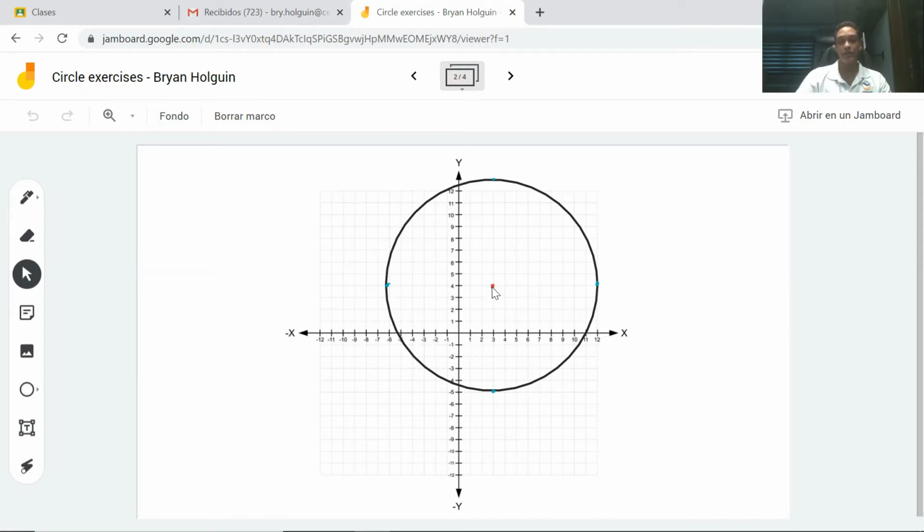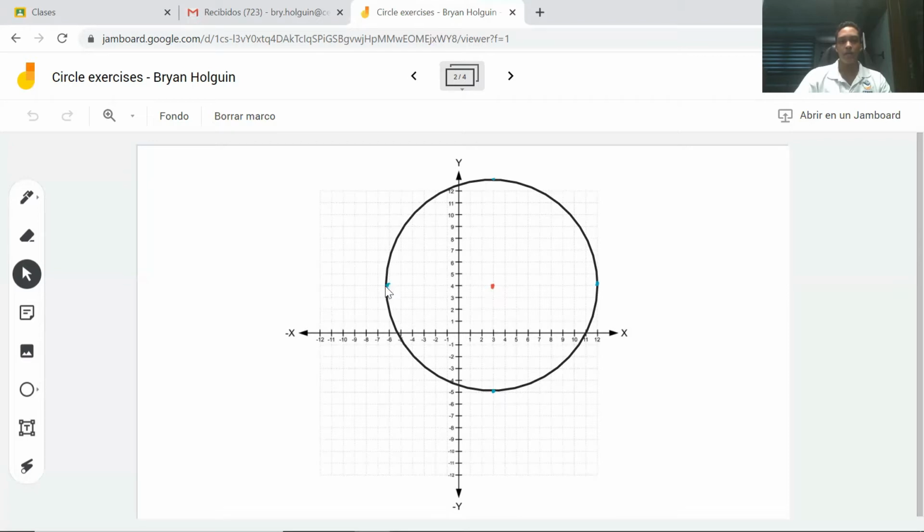And we now count 1, 2, 3, 4, 5, 6, 7, 8, 9 in each direction.